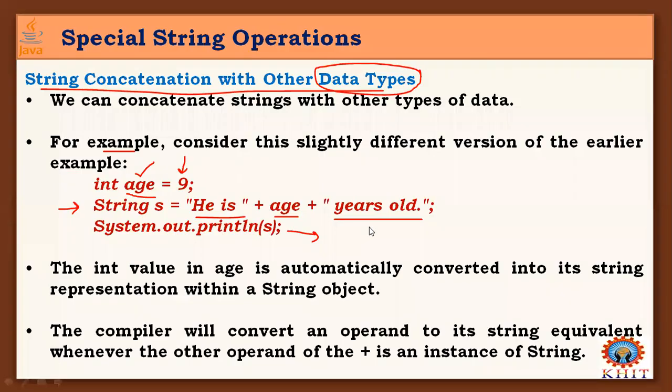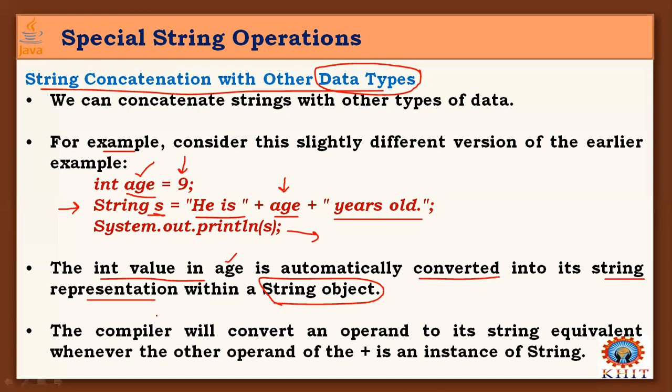Here actually what happened is that the int value in age is automatically converted into a string representation within a string object. So age, an integer variable, is converted into a string representation, and the entire string is assigned to this object called s.